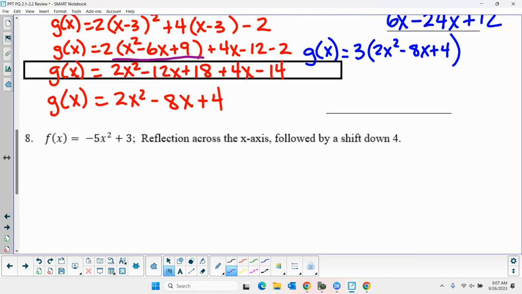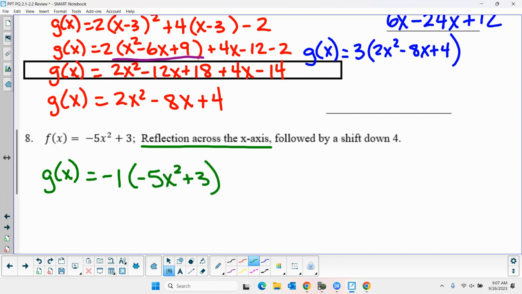Here, a reflection across the x means you're going to multiply the whole thing by negative 1. So distribute the negative 1, you get positive 5x squared minus 3. And then part 2, shift down 4, you just go minus 4.